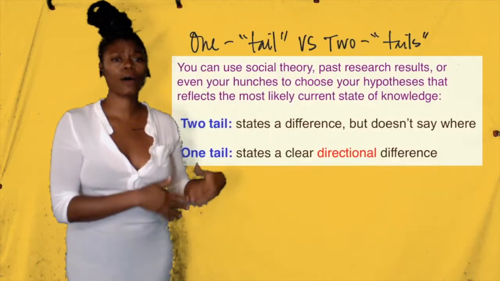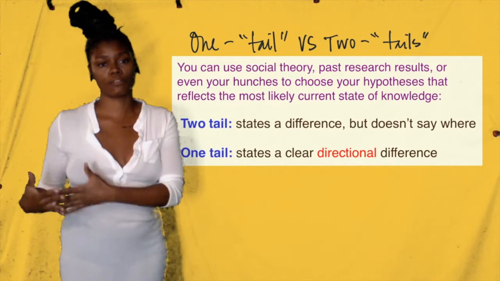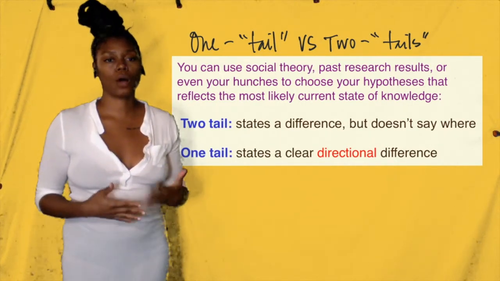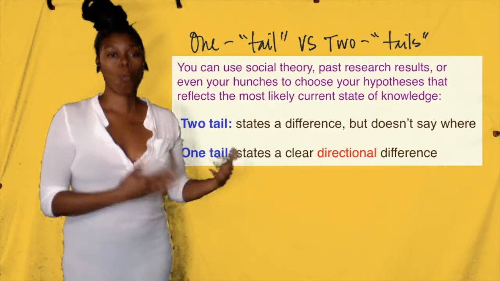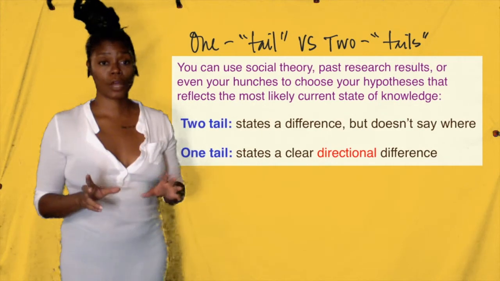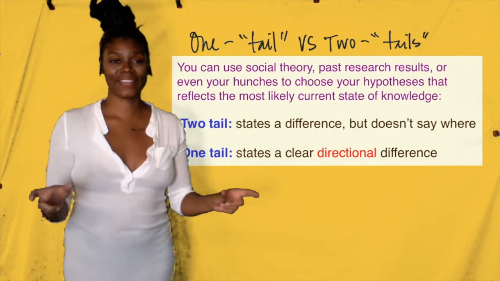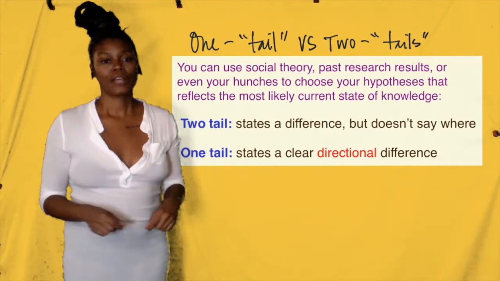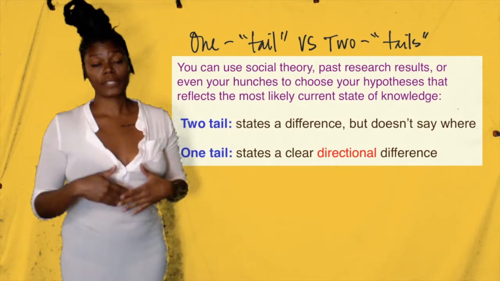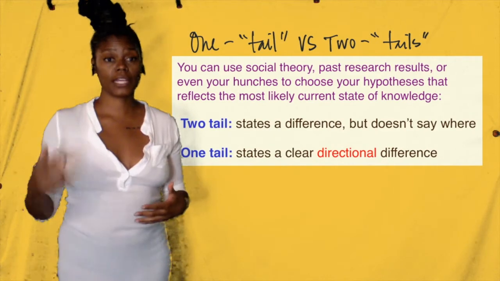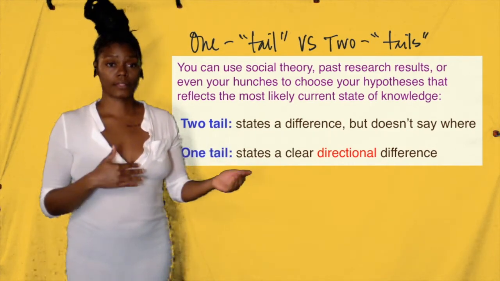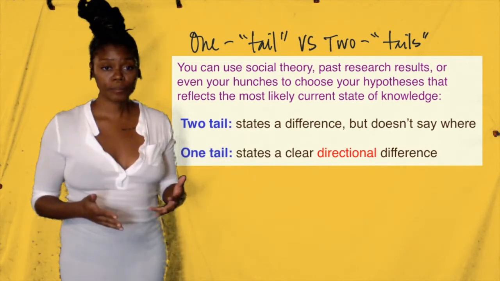I was talking about directional and directionless before, and I just alluded to the fact that we talk about these as one-tailed versus two-tailed tests based on what tails they are in the standard normal distribution. So a one-tailed test is those directional tests that we talked about, notated in your hypotheses with greater than or less than, or greater than or less than and equal to.